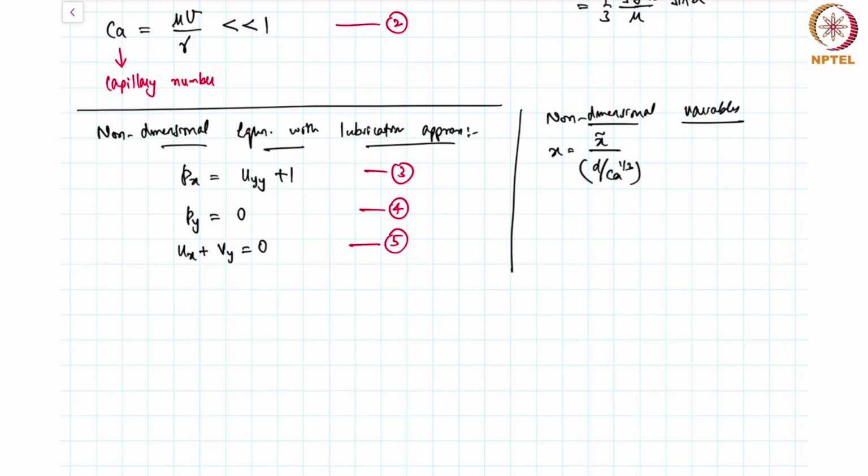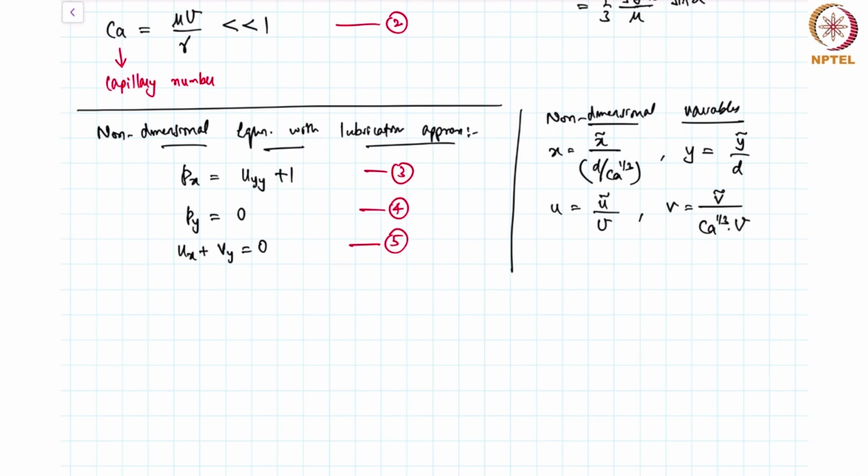Remember, I said capillary number is very small, so capillary number power 1 by 3 is also small. And y simply becomes y tilde by d, and u becomes u tilde by capital U, and v is v tilde by capillary number power 1 by 3 times U.